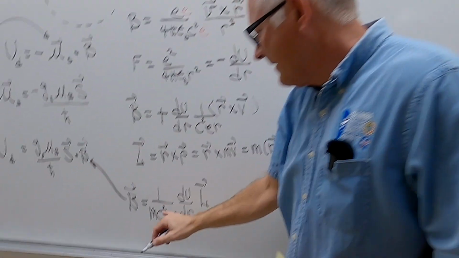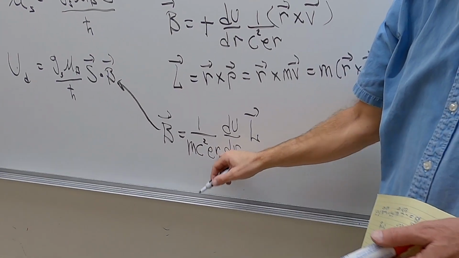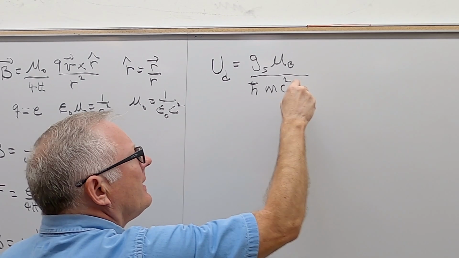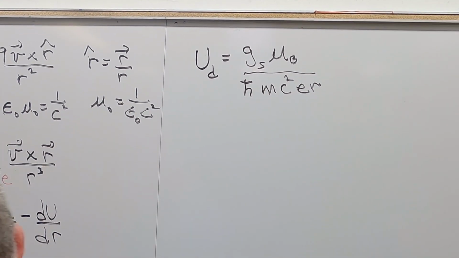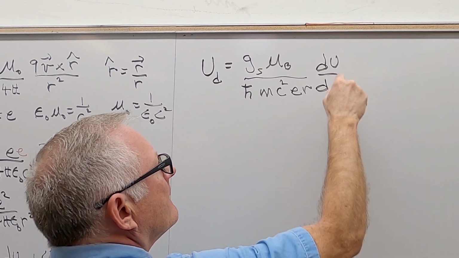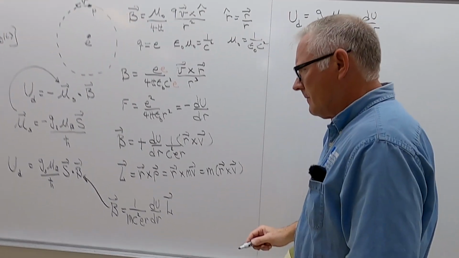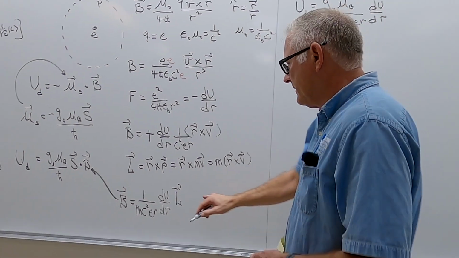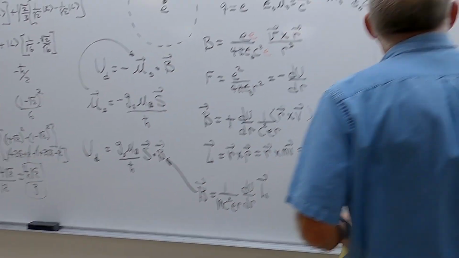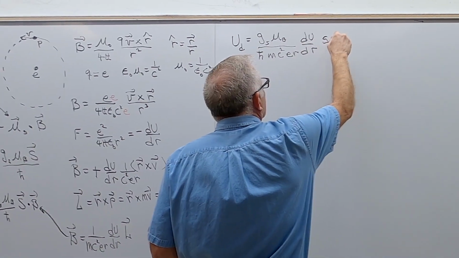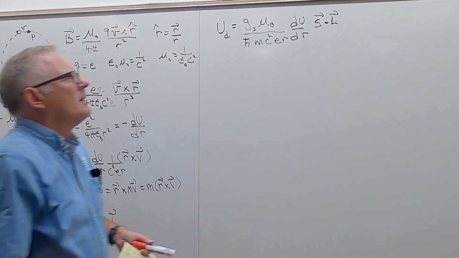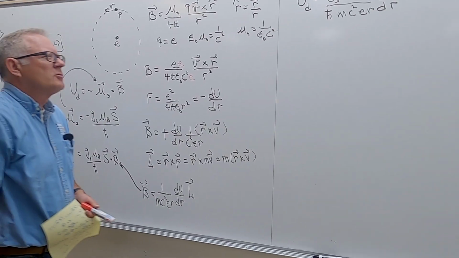And then we still get this stuff, mc squared e r dU/dr in the bottom. Okay, and the only thing left is, since we're plugging this in for B, we get S dot L, S dotted with L. Okay, now, so this would be the energy.